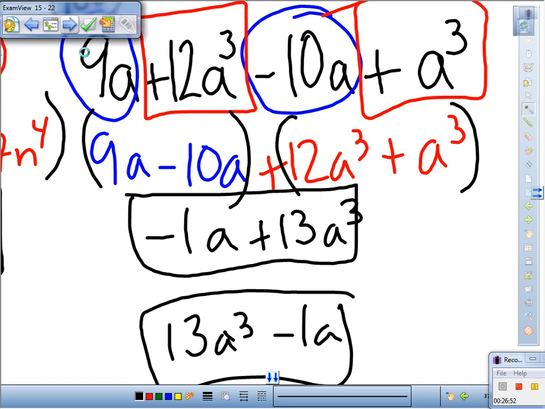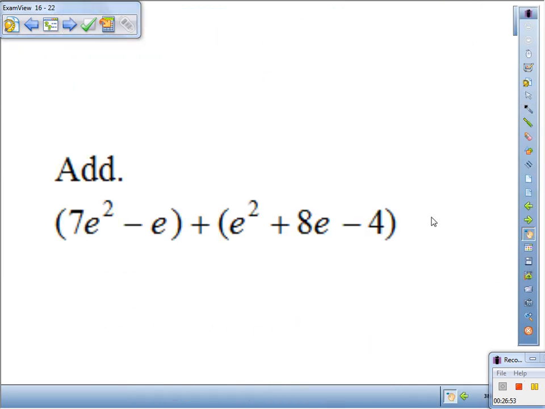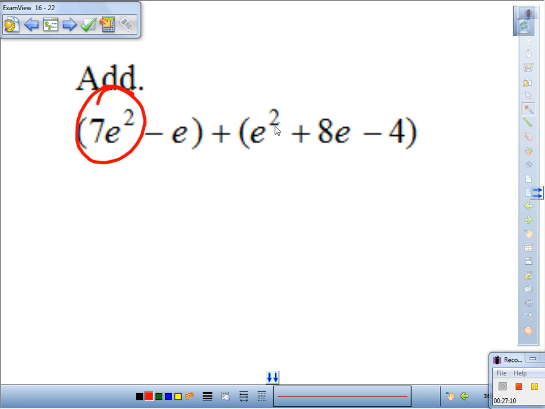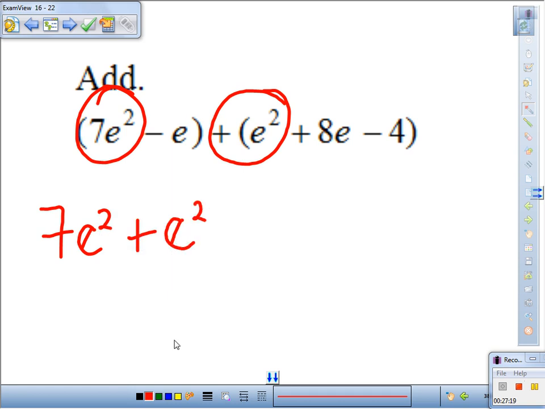Number 16. Look at 16. Let's see. Do we have subtraction in between these two expressions? No, it's addition. Do we have a number outside of the parentheses? No. Therefore, we can move stuff around. So let's see. Is this the same kind as this? Yes. So they're like terms. So 7e to the second plus e to the second.